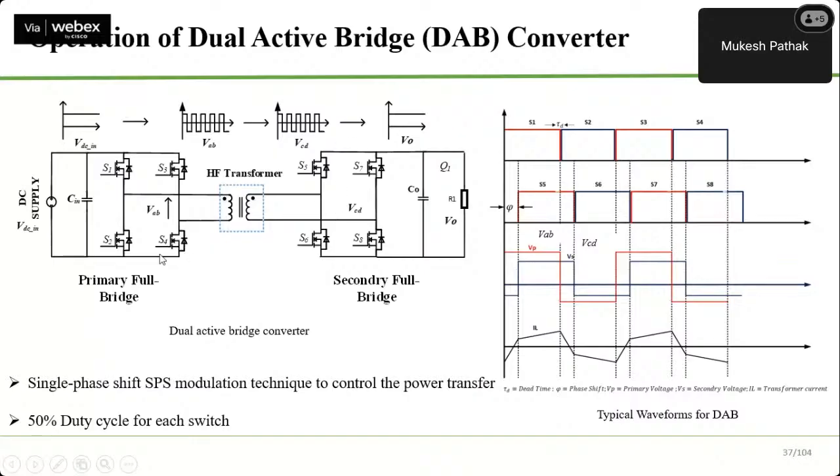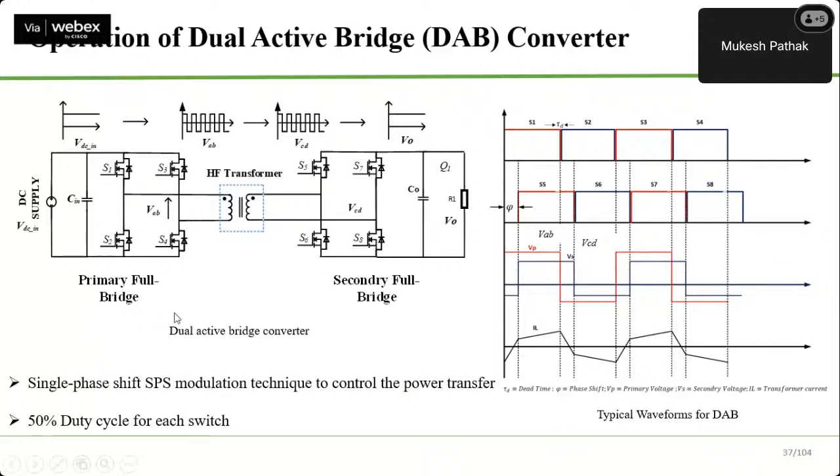So this is the primary full bridge, this is the secondary full bridge. And the output is DC. If you want to convert this to AC, you put an inverter here. So put a rectifier here, an inverter here, and the DAB in between. There are three things: input rectifier, output inverter, and DAB. That forms a typical solid state transformer having a DAB converter.